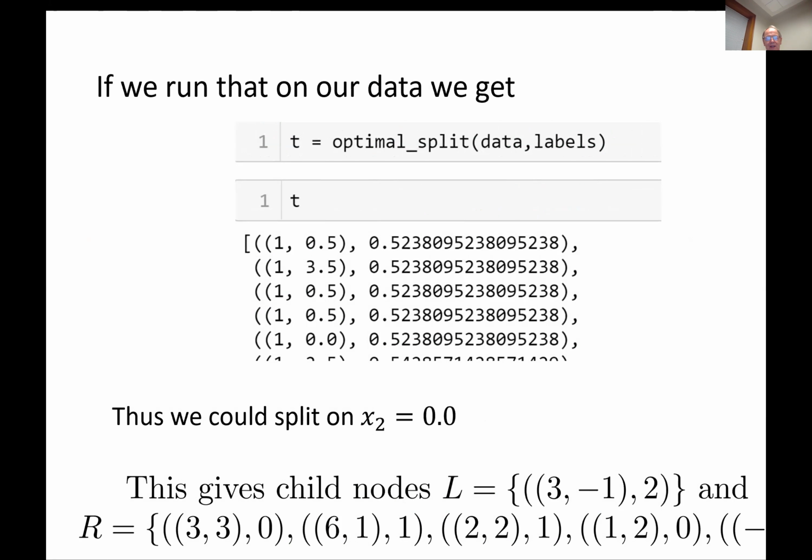Well, the Gini Index sort of tells us how messed up the data is at each node. So at a node, if we look at the Gini Index, it tells us how messed up the data set is. We'd like to have the data set be all one category.